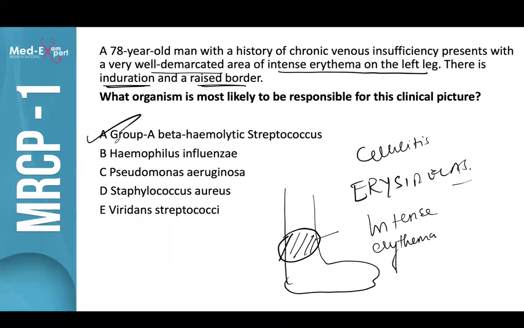Okay, this is a know it or know it not question. Treatment of choice here, you have to give oral penicillin. Scalded skin syndrome is entirely different. The name itself will tell: it will be widespread. Here the entire lesion is confined to his leg.